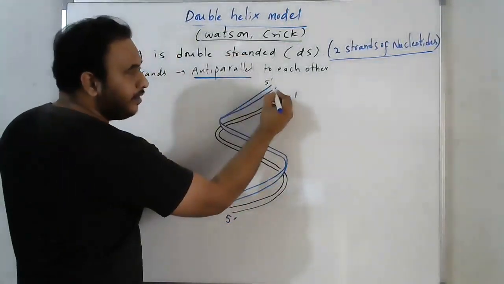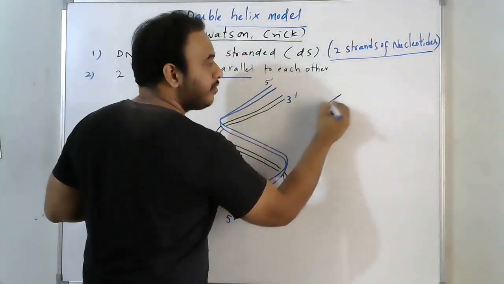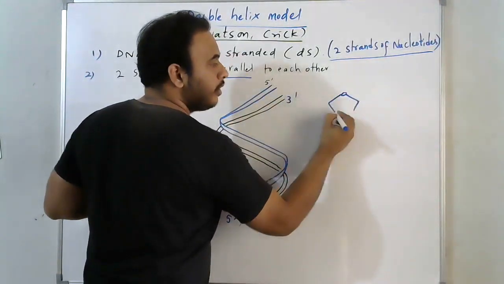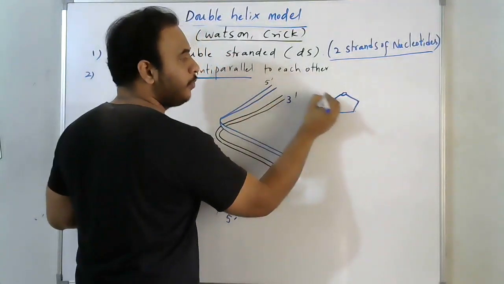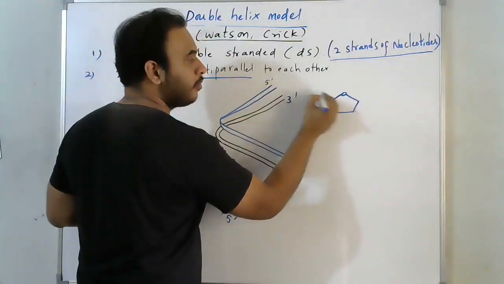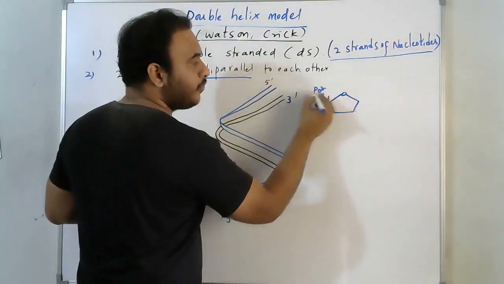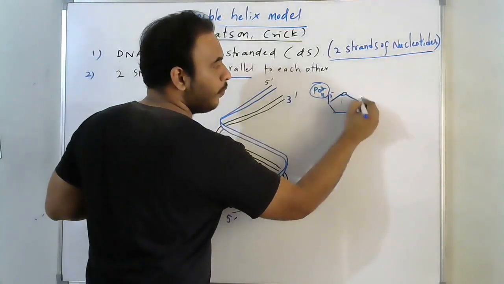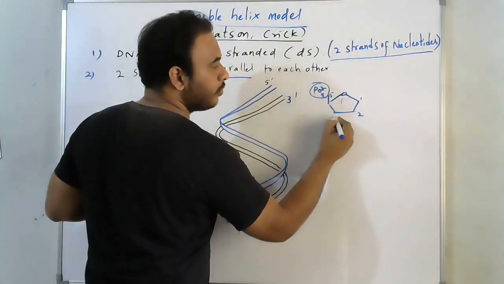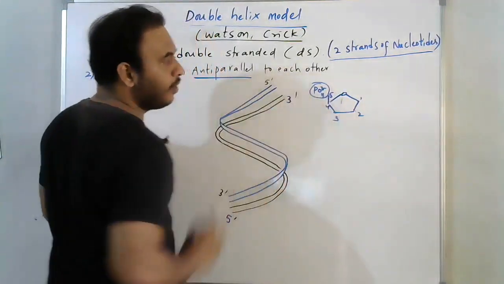Suppose you take this strand, the blue color strand which I have drawn. The 5' means, take the nucleotide with this phosphate group. This is the fifth carbon, so 1, 2, 3, 4, and this is 5. The 5th carbon will be free.